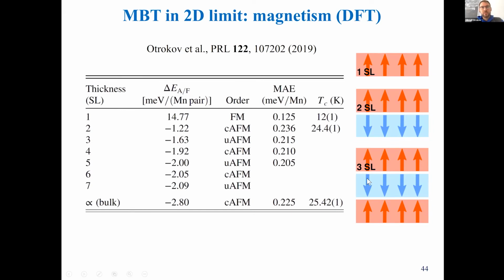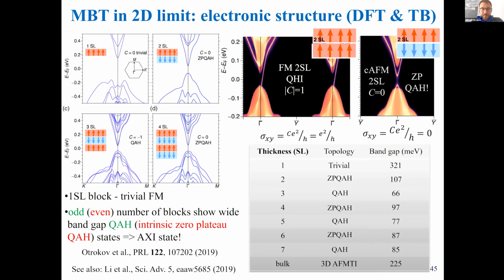And this is very important for the topology because while the single septuple layer block is just a trivial insulator, the double septuple layer block is not boring in the sense that although it is Chern equal to 0, it is kind of a topological state as well.